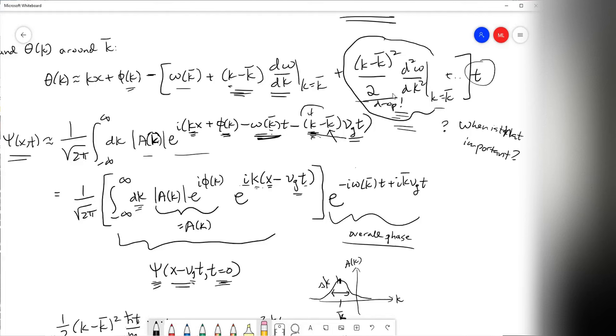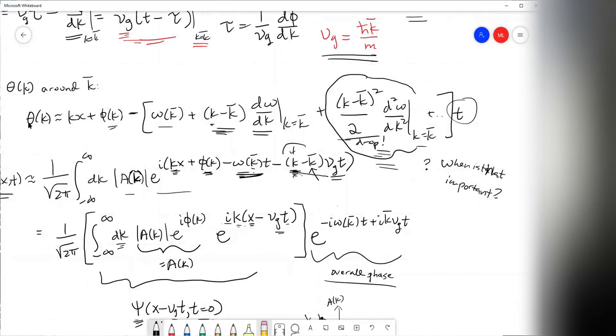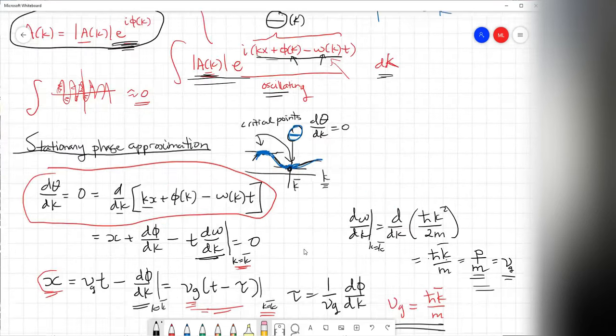And we can find that characteristic time by setting the second order term equal to 1, instead of, right now it's greater than 1, right? Well, what we're saying, so this is in the exponent. It says e to the i theta up here.